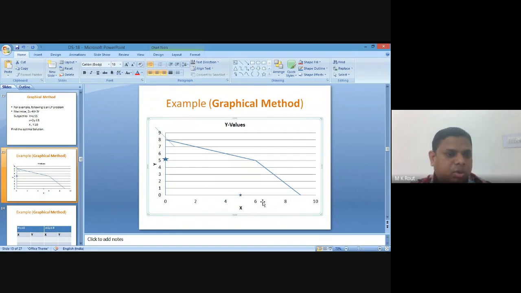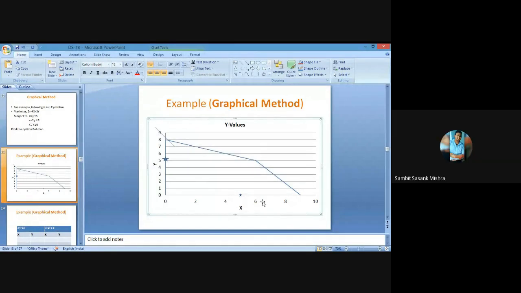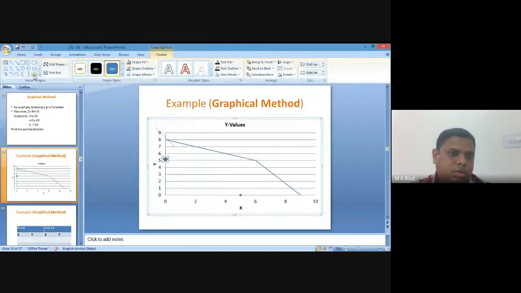Next one, in case of x is equal to 0, what is the value of y? If you go to the next equation, x plus 2y equals 8. If I put x is equal to 0, what is the value of y? 4. The y value is 4, so I put 4 here.